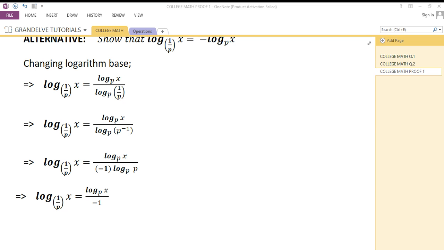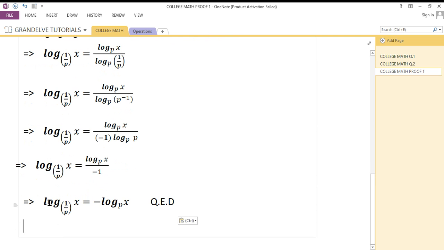So our proof is now successful if we conclude by saying that the log expression given to us as log s base 1 over p is then now the same as negative log s base p as required, because the -1 is dividing the numerator log s base p, as you can see here.